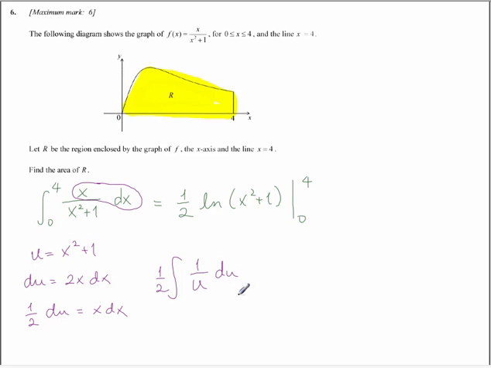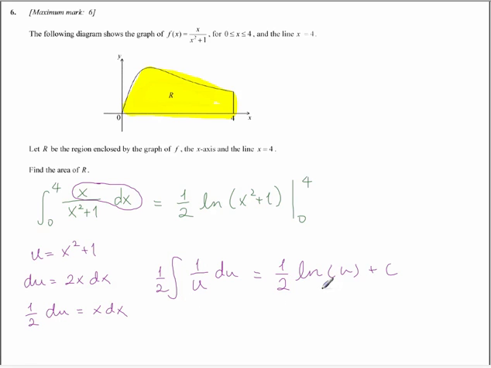So this integral became an integral in terms of u instead of x, and it looks a lot simpler. And I know the integral of 1 over u is ln of u, so I can say this is 1/2 natural log of u. Here's a plus c because it's an indefinite integral.